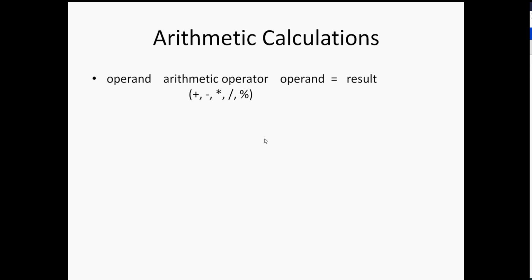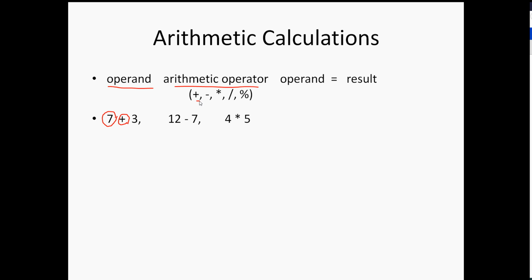So it's two at a time. First of all, you're going to have an operand, a number that's called an operand, and then you're going to have an arithmetic operator. I probably should show you this right now. So you have an operand, and then you have an arithmetic operator.